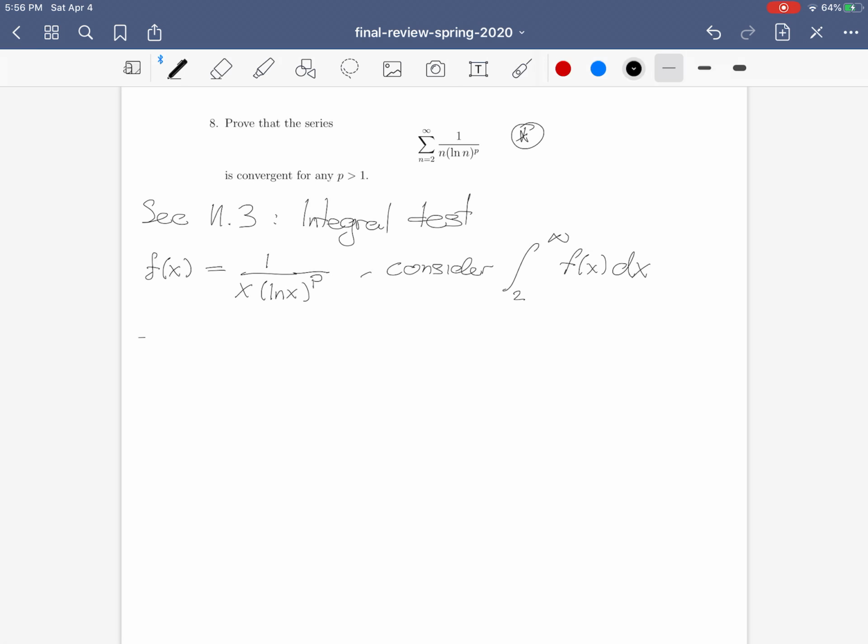Okay. So this integral is equal to the limit as t tends to infinity of the integral from 2 to t of 1 over x (ln x) to the p dx. And to evaluate this, we're going to use a substitution. So our substitution is u equals ln x. So du is equal to 1 over x dx.